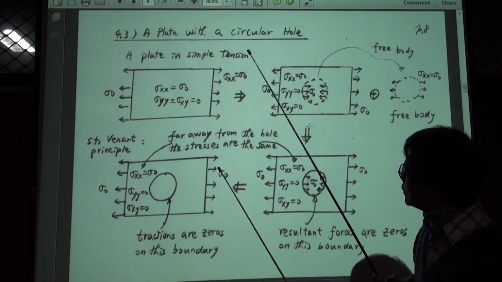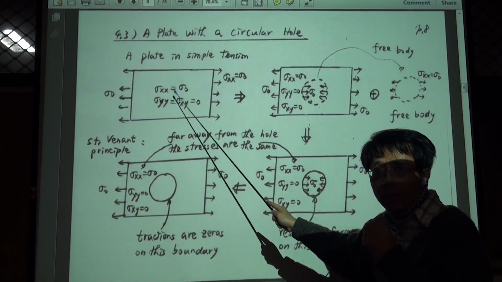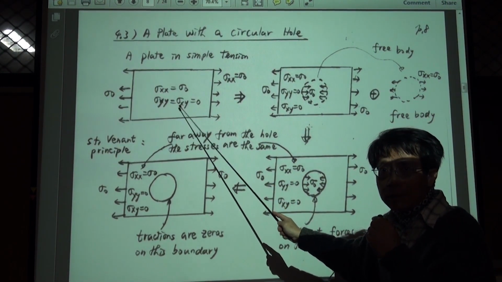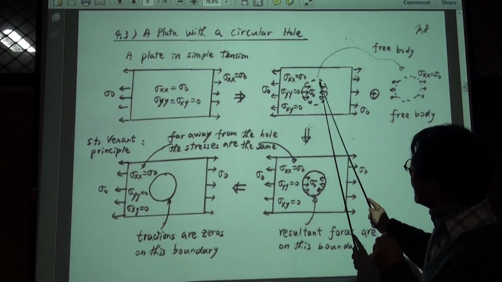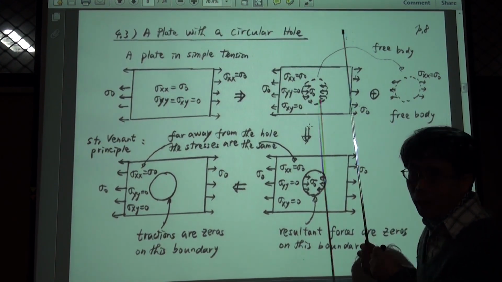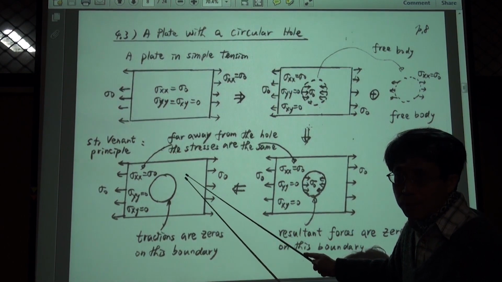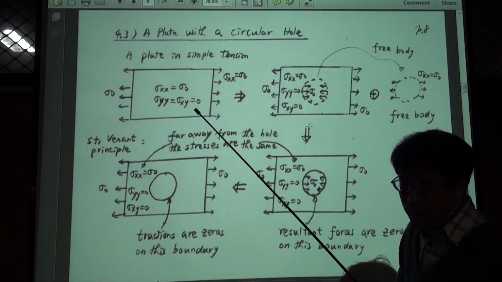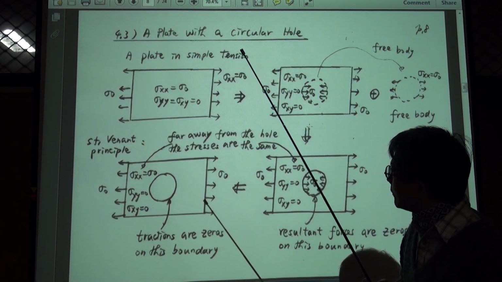Such kind of decomposition is different from this one. This one is a solid plate we talked about before. We cut the free body to make it a plate with a hole and a free body. But now we want to decompose this plate again. So this is another kind of decomposition.